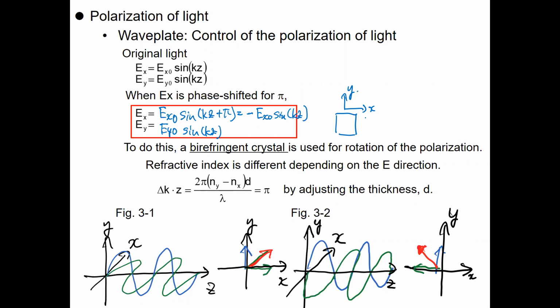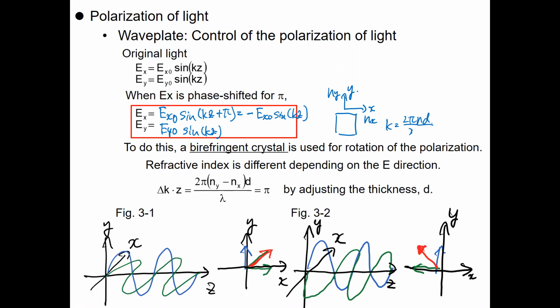In the X direction it is n of X, and in the Y direction the refractive index is n of Y. So in the case of the phase shift, the phase difference between the EX field and the EY field can be delayed, making a phase difference of delta k d. Since k is the wave number, k equals 2 pi over lambda, and d is the thickness, right?